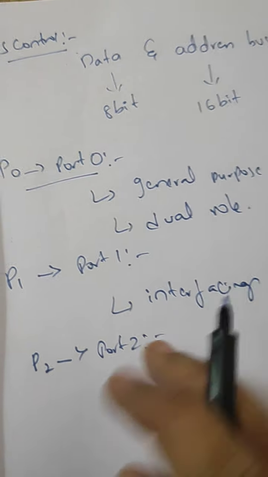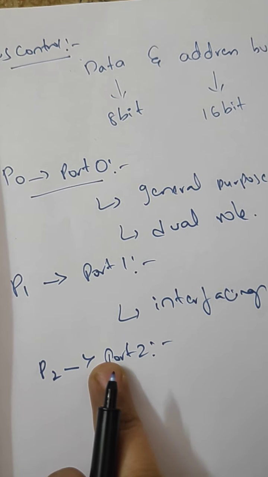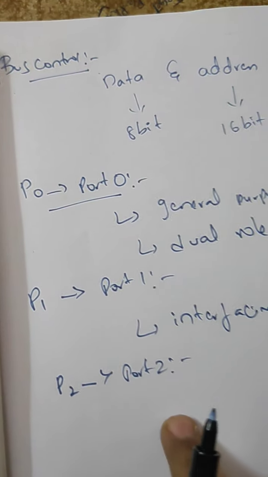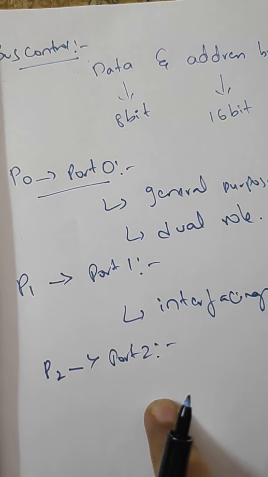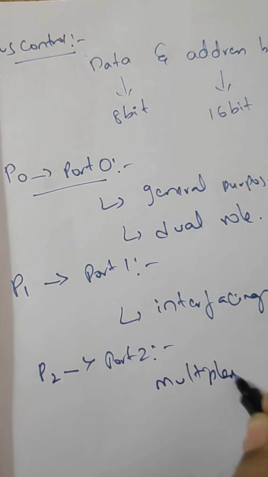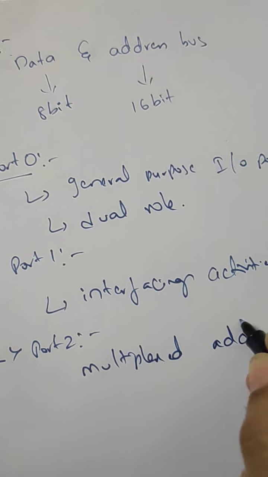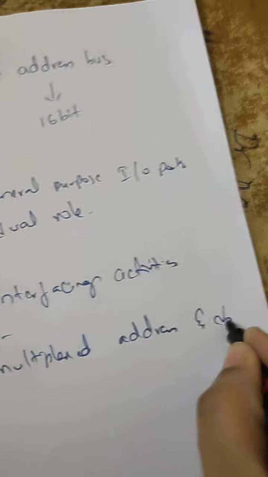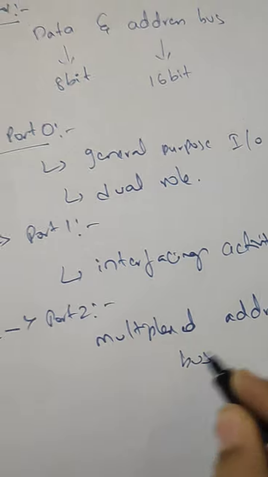When external memory is present, it is similar to port 0, and it acts like a multiplexed address and data bus.